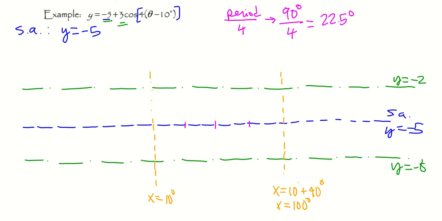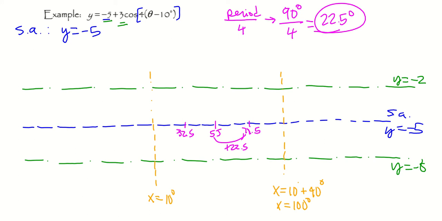And what I'm going to do is, from the beginning, add 1/4 of a period. So if I add 22.5 to 10, then this mark happens at 32.5. I add 22.5 to that, and now I'm at 55. Add 22.5 to that, and now I'm at 77.5.